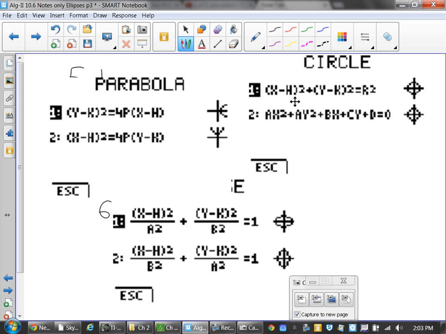Do I need to bother to write them if they're centered at the origin? I don't, because what's your H and K if it's centered at the origin? 0 and 0.